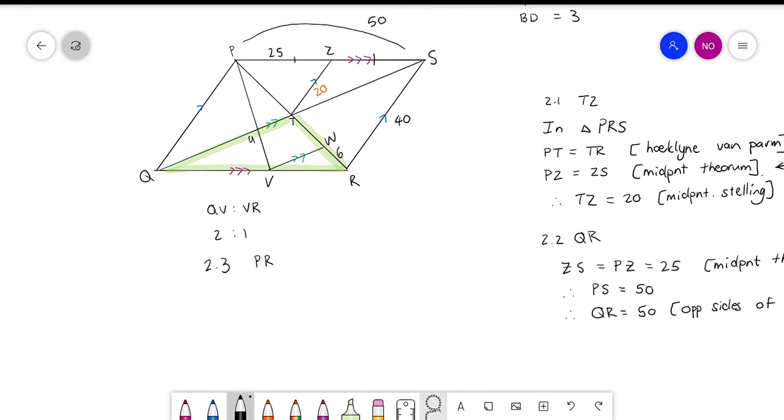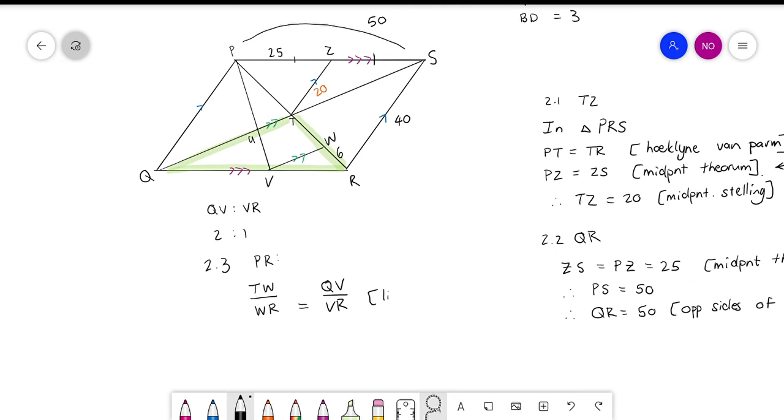So ek gaan sê, ek weet in daai driehoek TV op VR gelyk aan QV op VR. Okay, why?